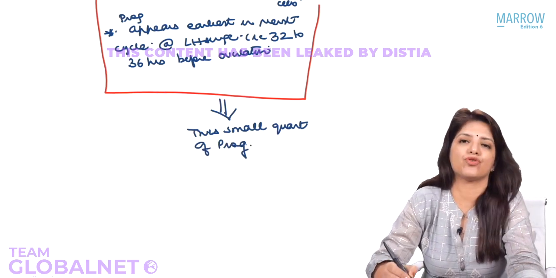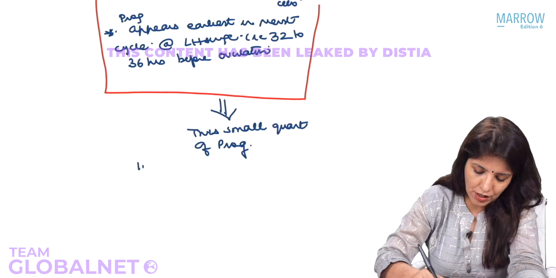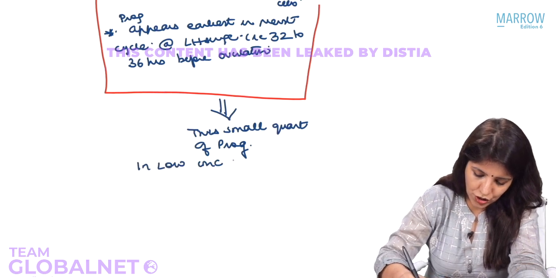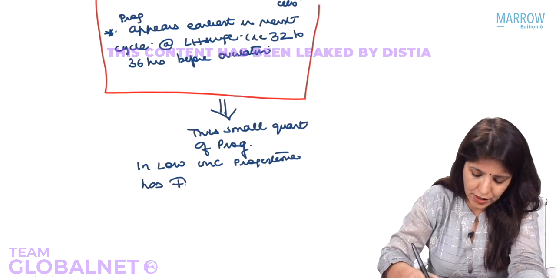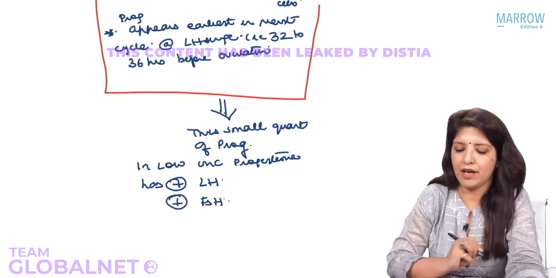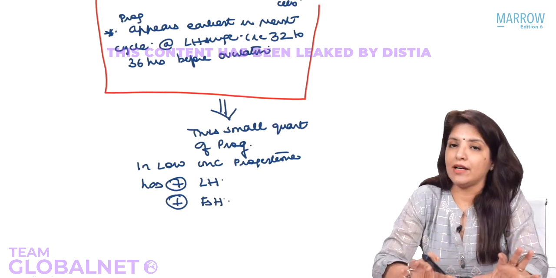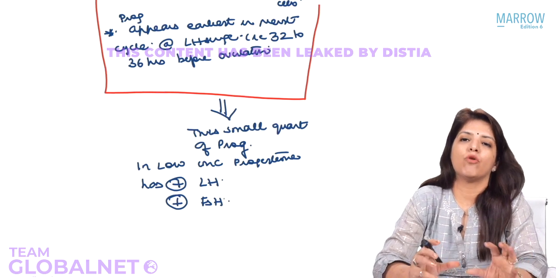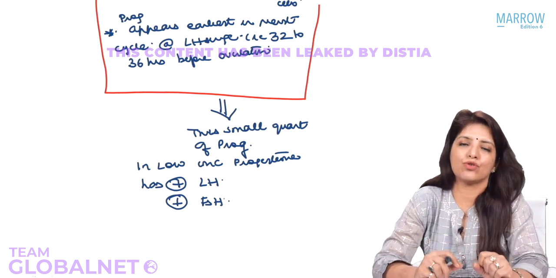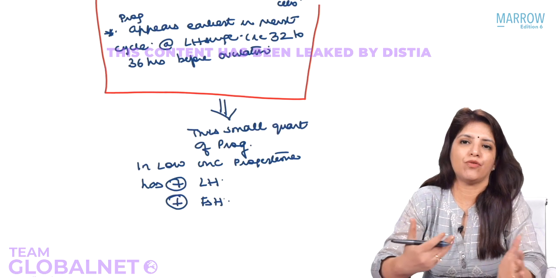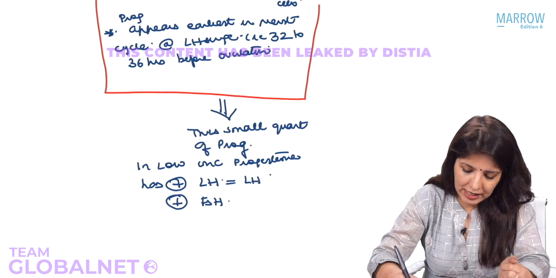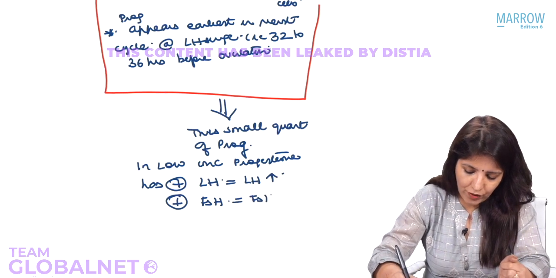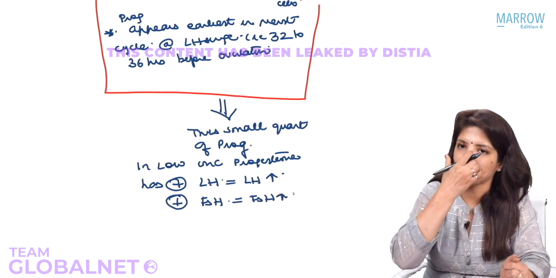Whenever progesterone is in low concentrations, it has a positive effect on LH and a positive effect on FSH. So the levels of LH increase and levels of FSH increase, right?